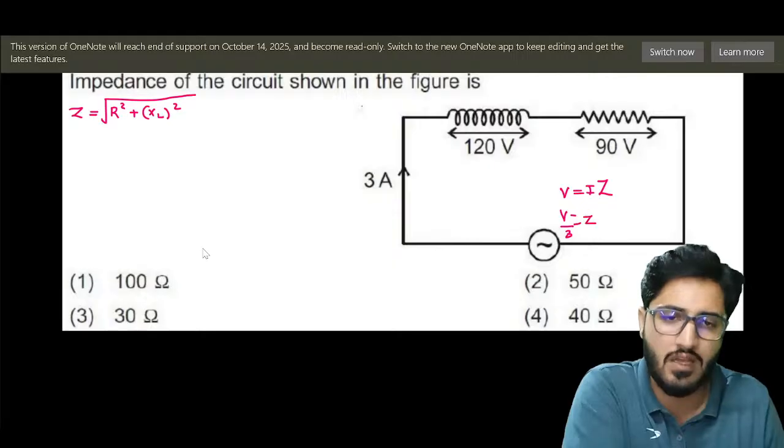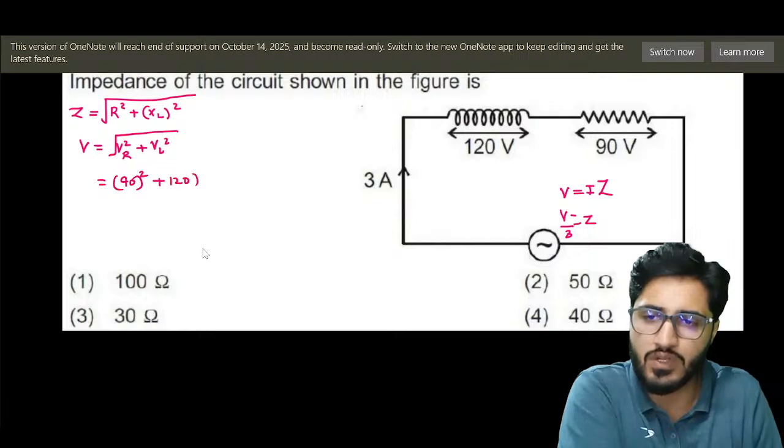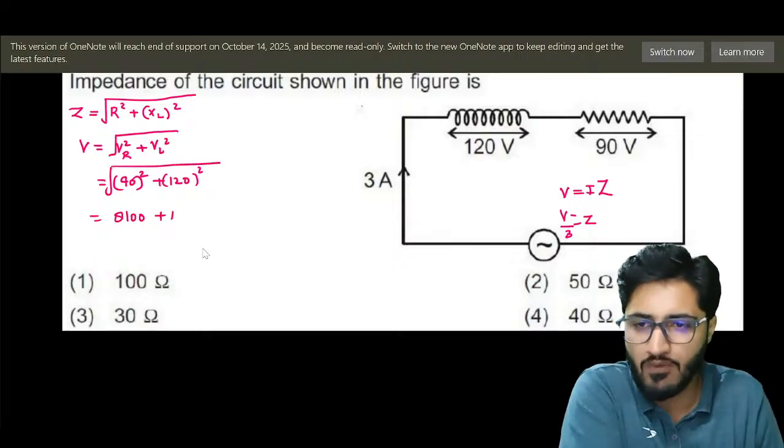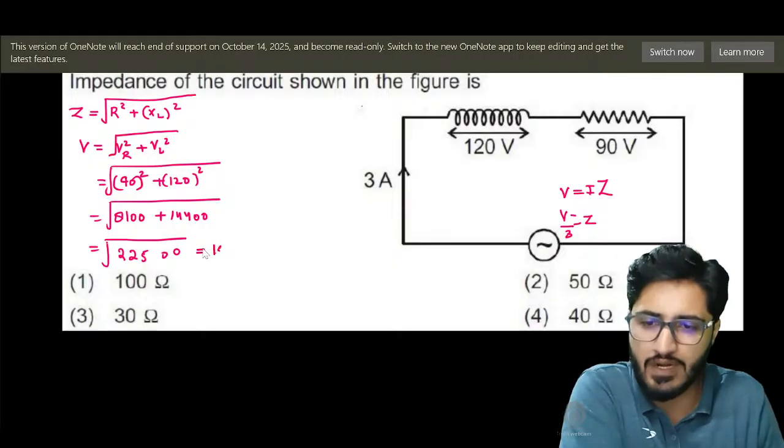How to find out V? We know that V equals to the square root of VR square plus VL square. VR is 90, so 90 square, VL is 120 square. 9 9 is 81, so we are having 8100. 120 120 is 14400. The sum is 22500, which came out to be 150 volts.